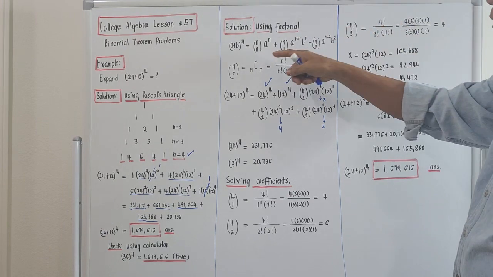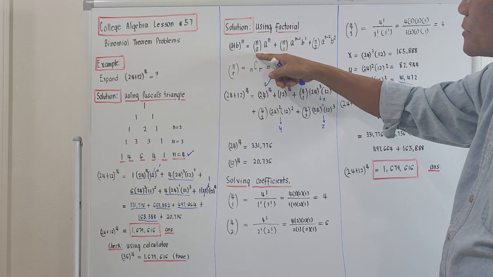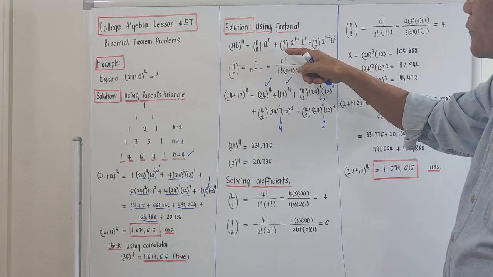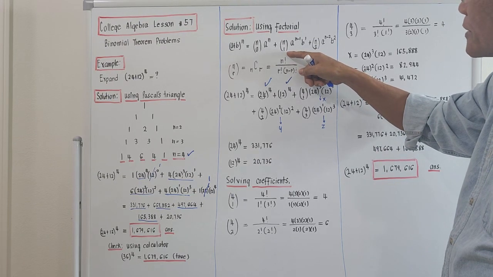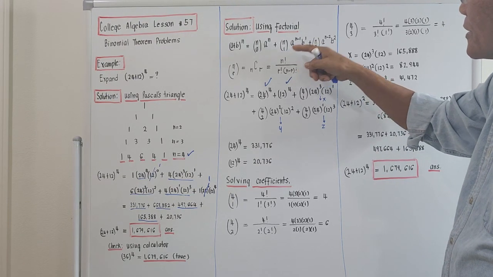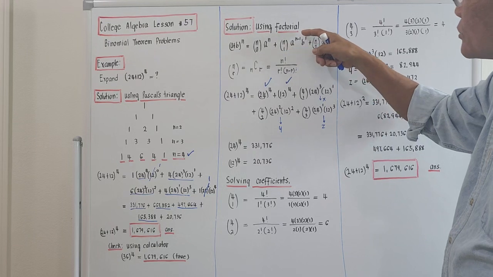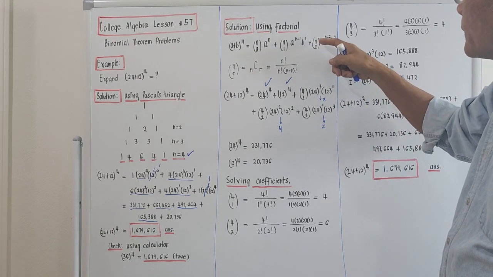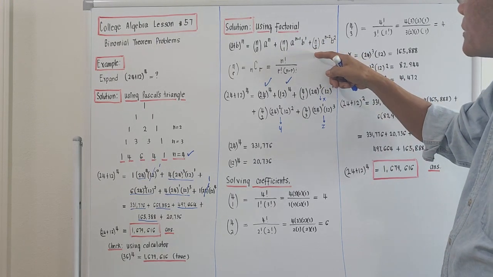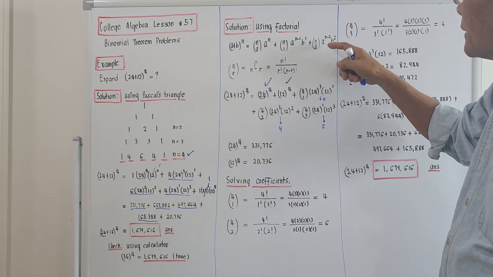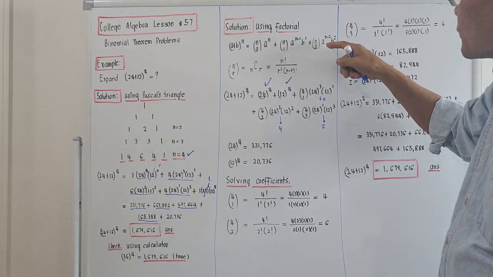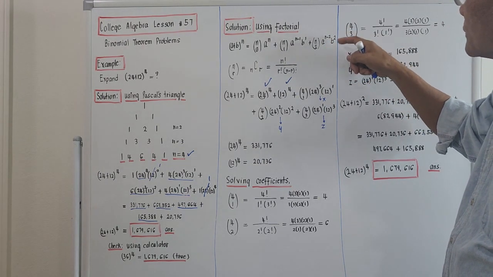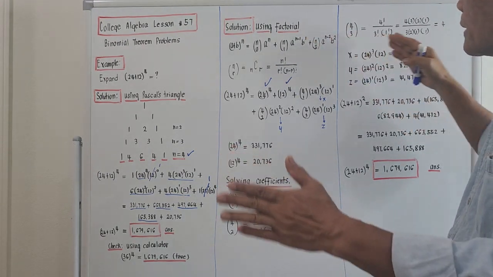This should be the coefficient of the first term times a to the n, coefficient of the second term rather, raised to, if this is 1, n minus 1, and b to the 1. The coefficient of the next one will be n and 2. You see, it's increasing: n1, n2. So if this is 2, the exponent of the first term will be n minus 2, and the second term will be b squared, and so on.